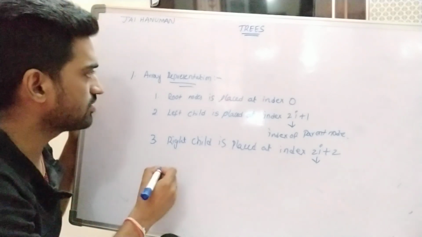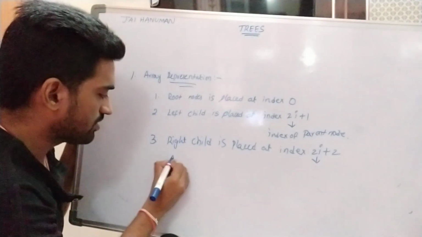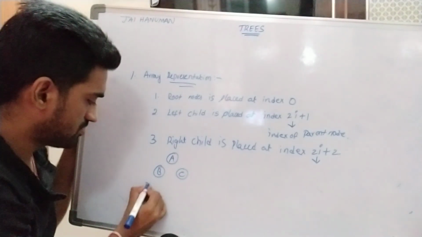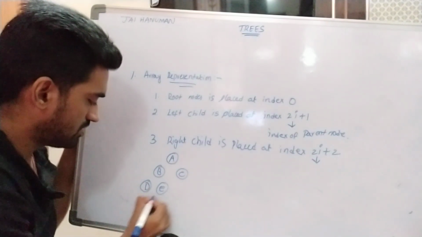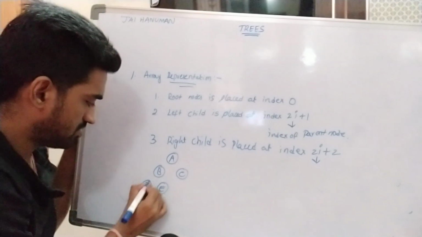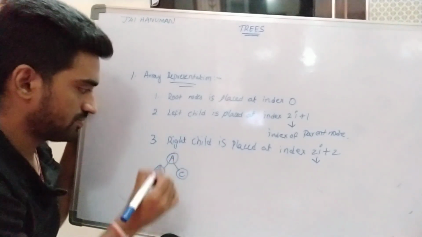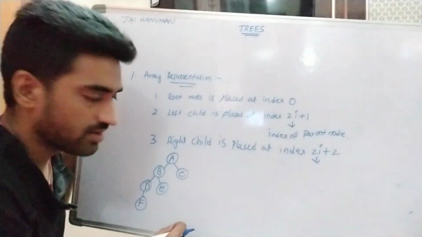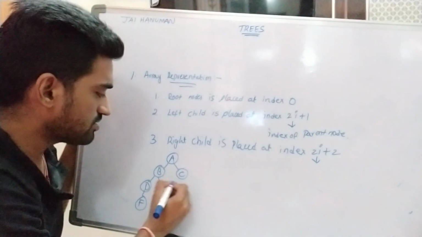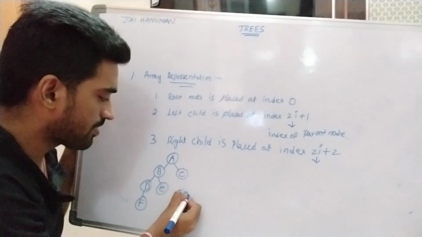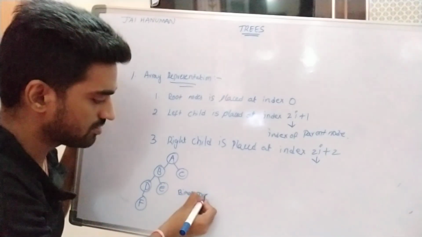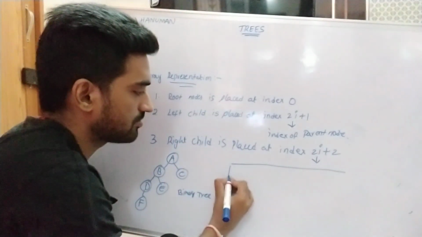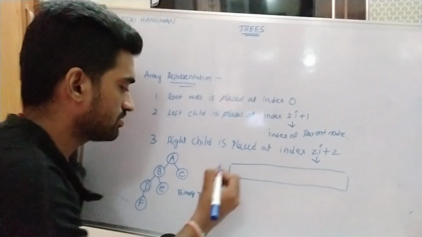Here I am taking one binary tree with nodes A, B, C, D, E, F. How do we represent this binary tree with the help of an array?